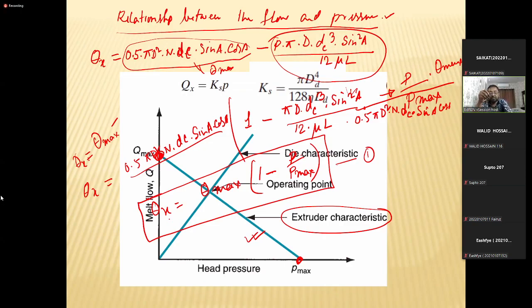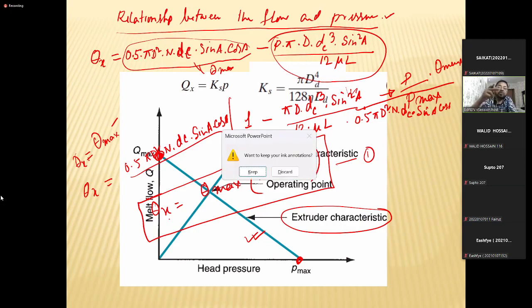Now, I think you already have the idea about the extruder characteristics. Then we shall go for our die characteristics. For that purpose, let us have our whiteboard. It will be better to have the whiteboard.